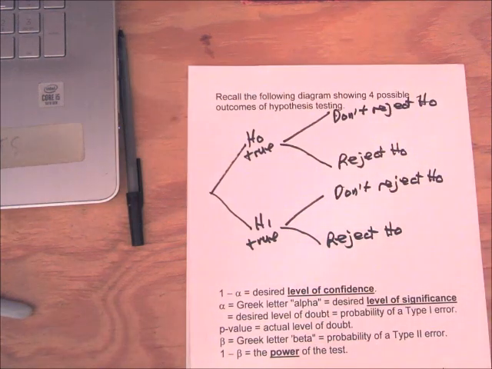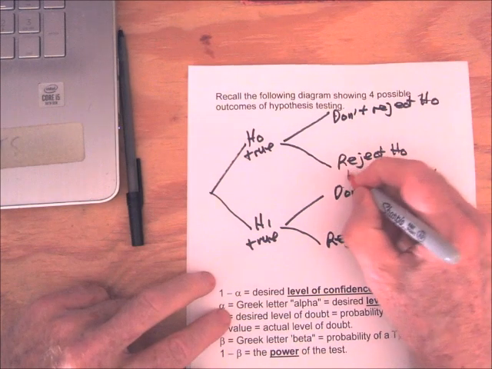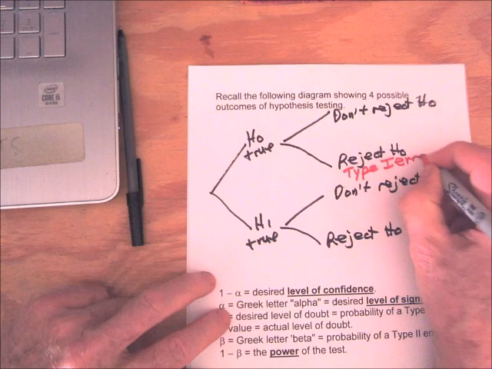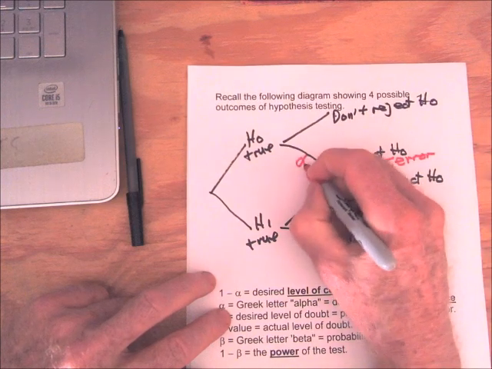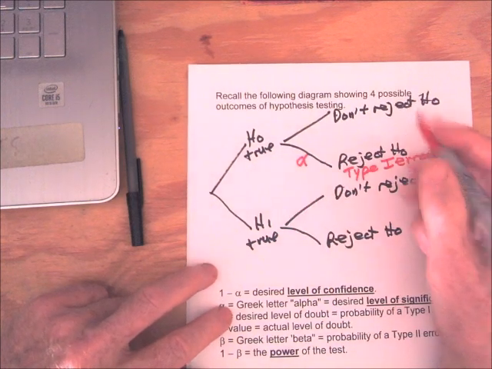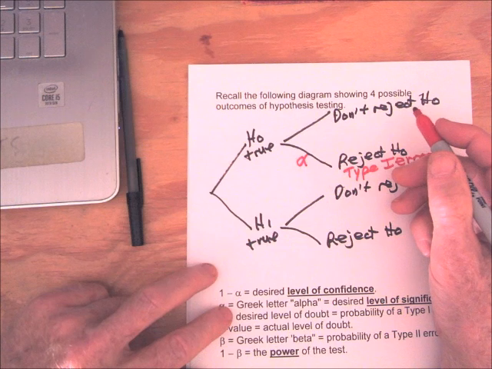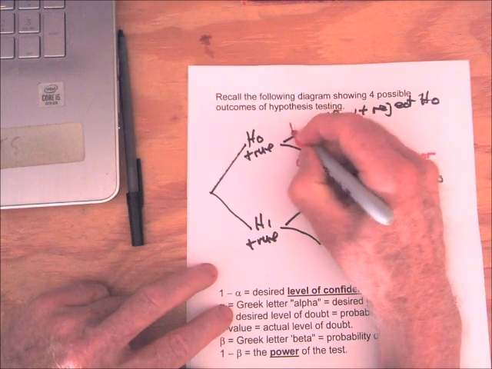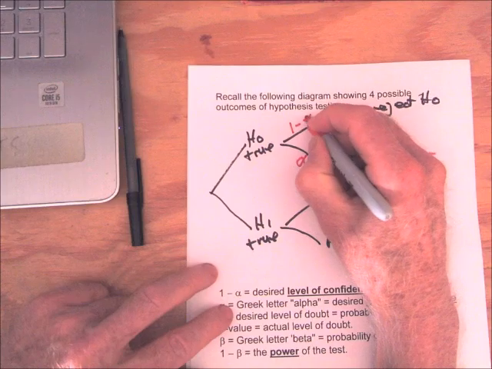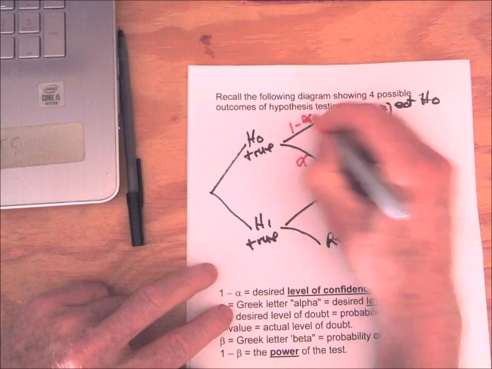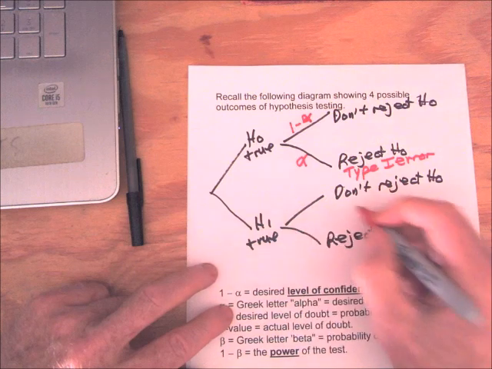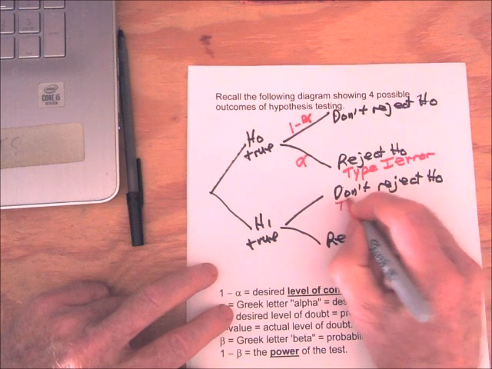If we reject H0 and H0 is true, that's called a type 1 error. That's represented by the Greek letter alpha. If we don't reject H0 and H0 is true, that's our confidence level, 1 minus alpha. If we don't reject H0 and H1 is true, that's called a type 2 error.